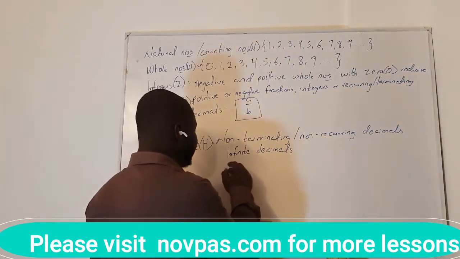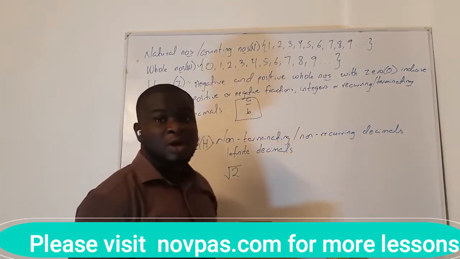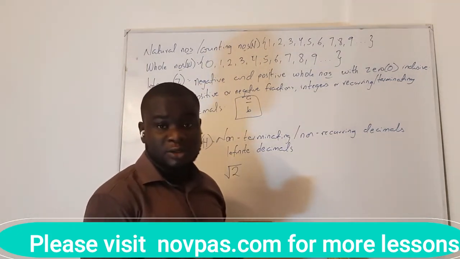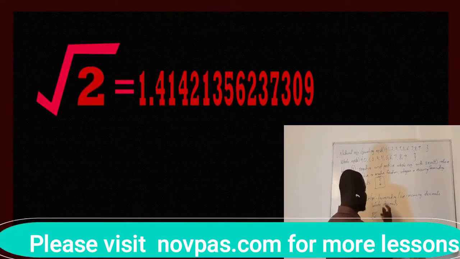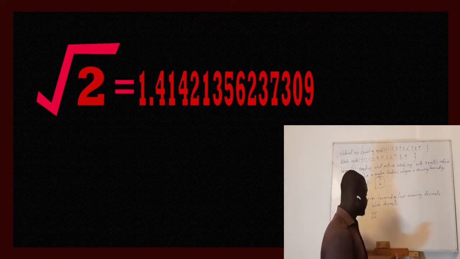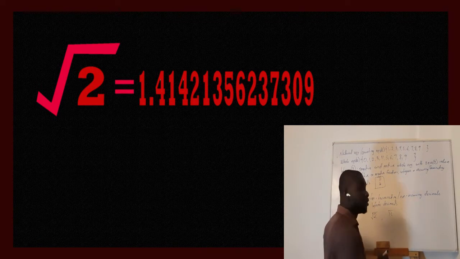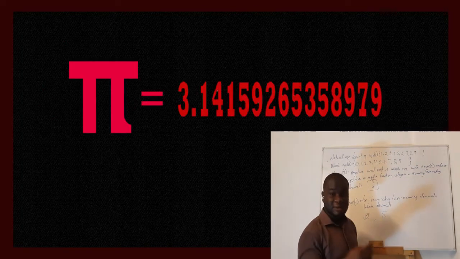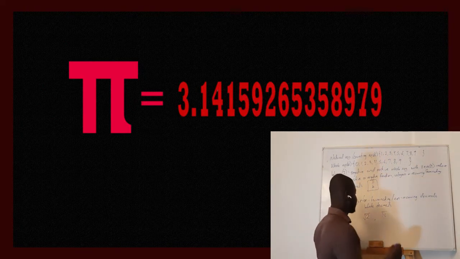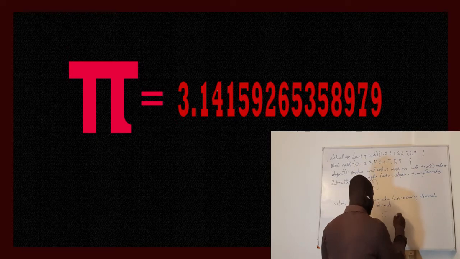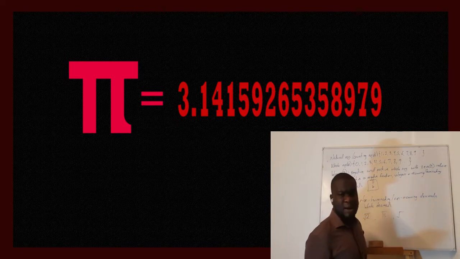So for example, something like √2. If you punch this on your calculator, you keep on getting infinite decimals. Something like pi, you punch pi on your calculator, you get an infinite decimal, right? You punch the square root of any prime number, like √3, √5, all of them, you get an infinite decimal, right?